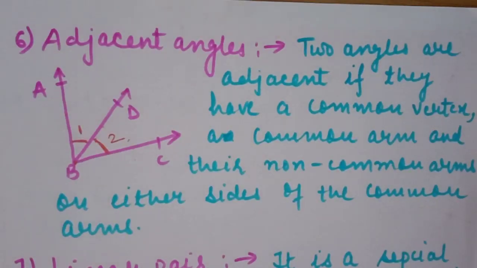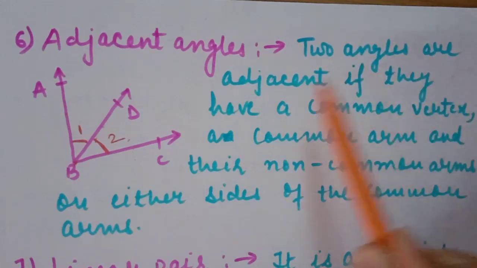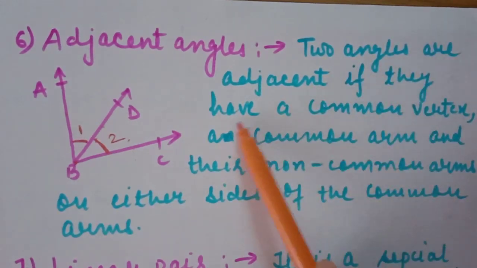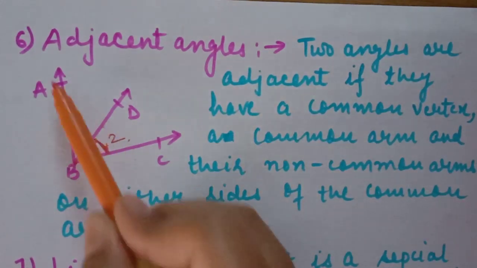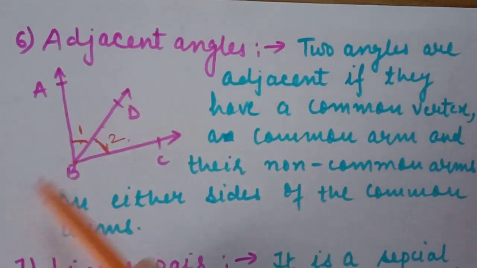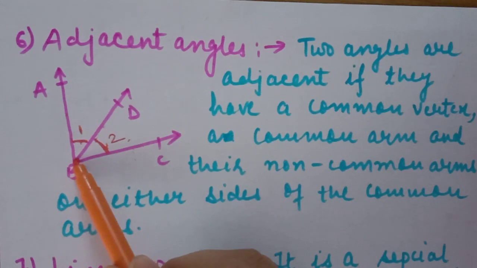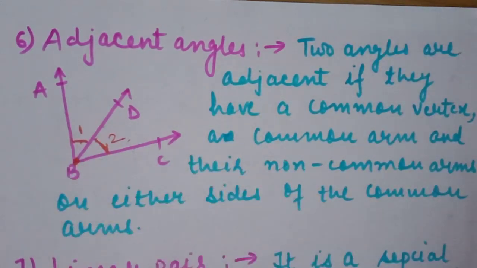Next one is adjacent angles. Two angles are adjacent if they have a common vertex. We have two angles here. We have three rays like this. Both angles have a common vertex, vertex B in this diagram. And we have one common arm also.